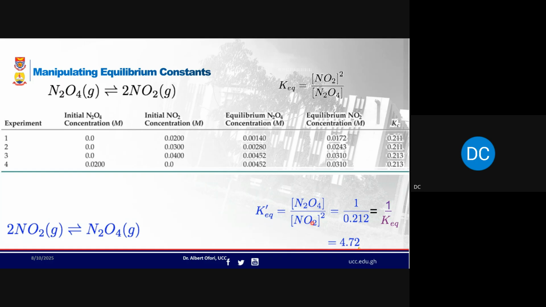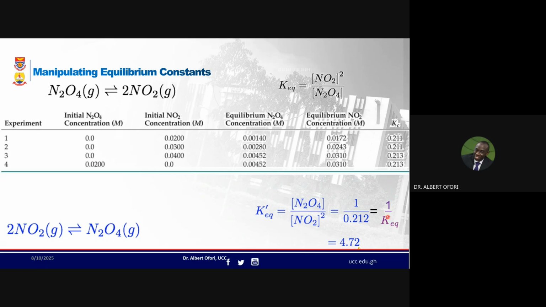Okay, Doc. So that means the second equation becomes an inverse of the first one. Okay, so what it means is that when we reverse an original equation, the equilibrium constant must be reversed, that is, 1 over the original equilibrium constant. So if this was the original equilibrium constant, when it is reversed to K prime, the equilibrium constant now becomes 1 over that, a reverse of that.